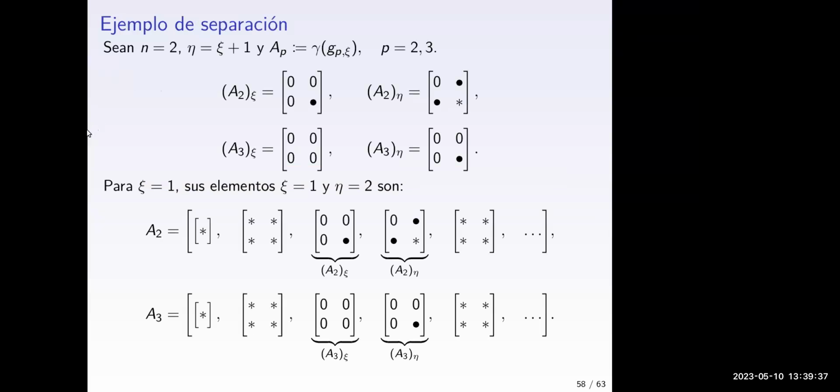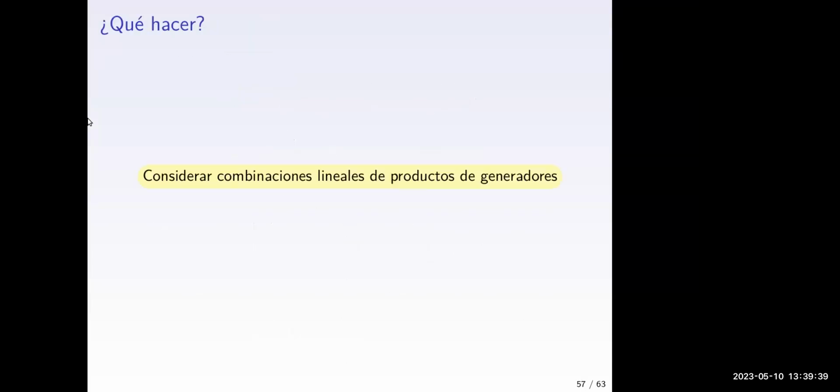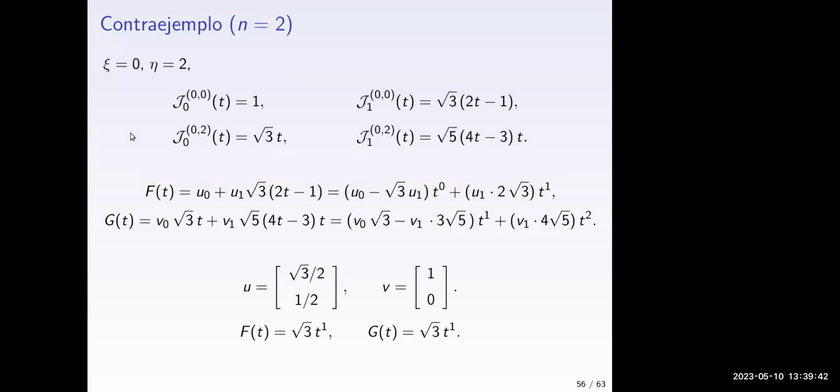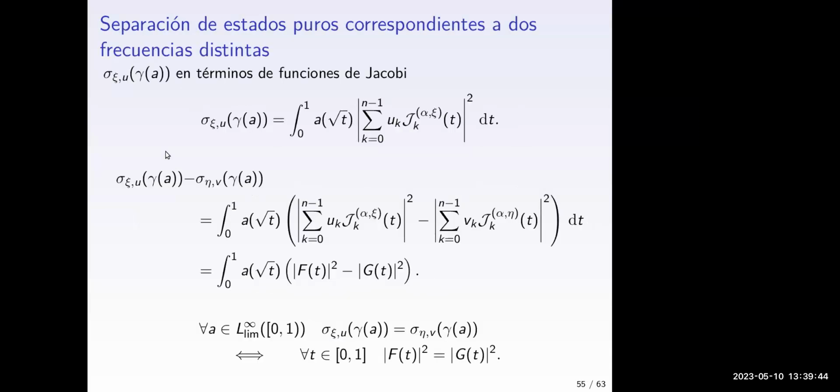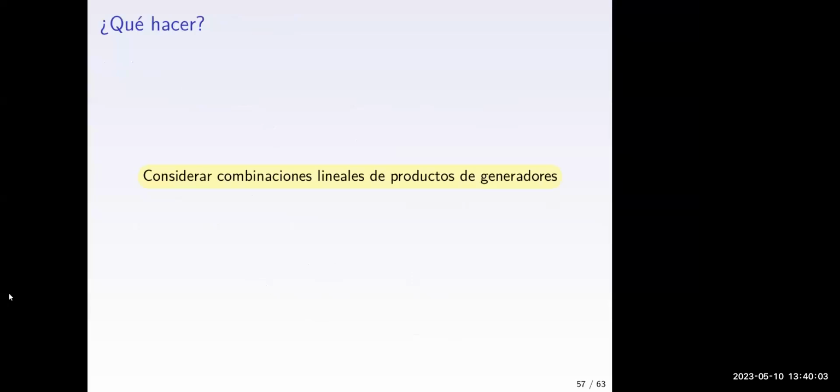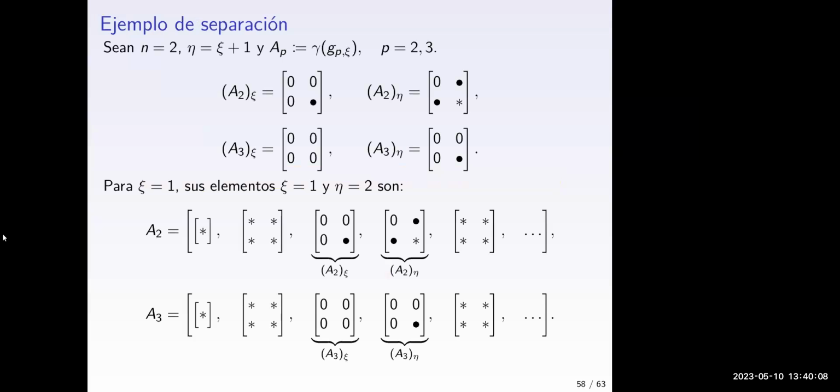We finally could separate, because we learned that with just one generator, it doesn't matter what kind of symbol you put, you won't be able to separate. But if we consider linear combinations of products of generators, we can. Here's an example.